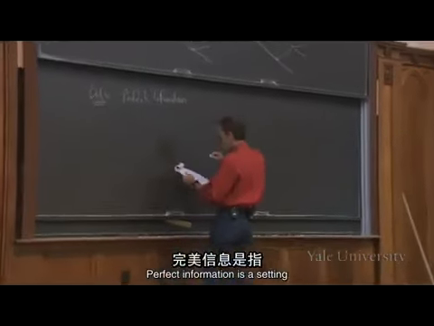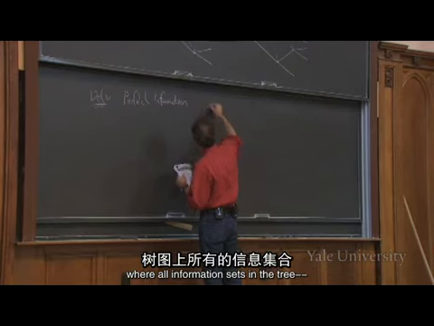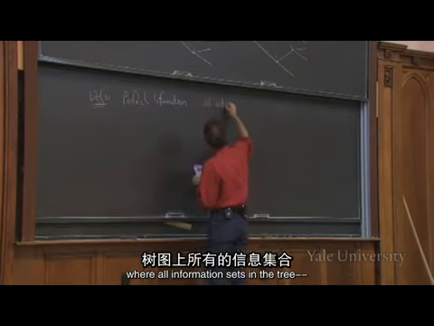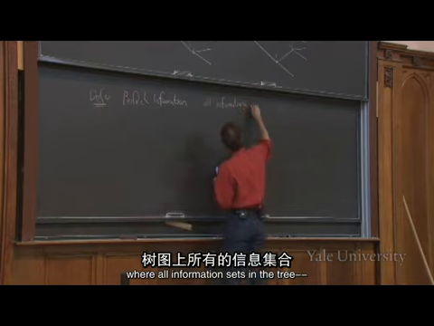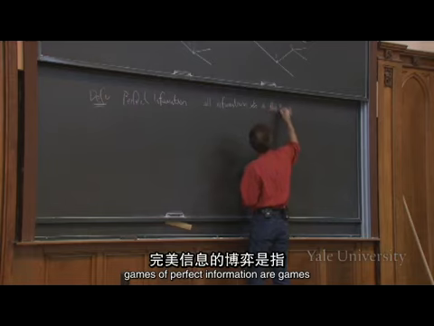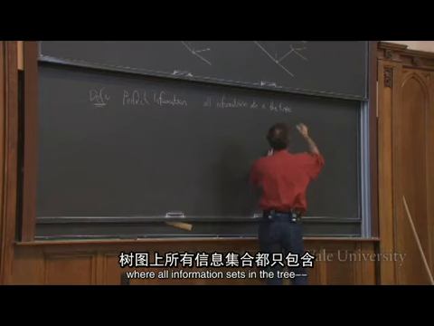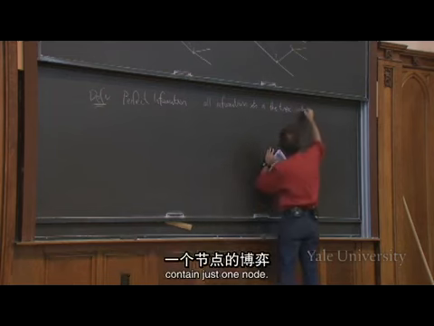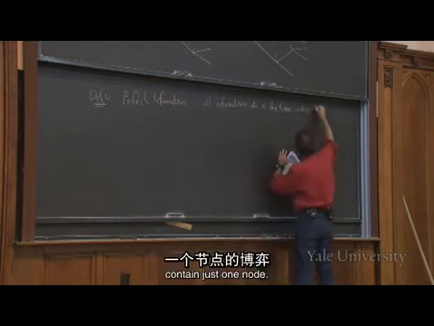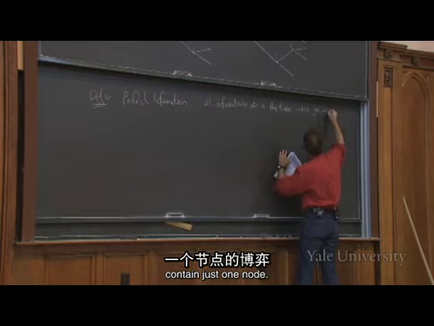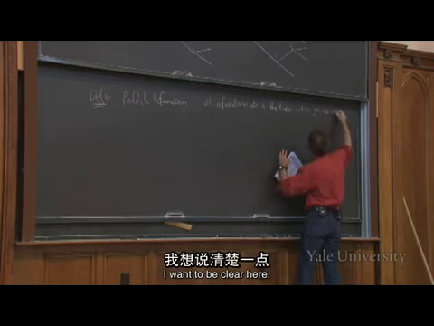Games of perfect information are games where all information sets in the tree contain just one node.